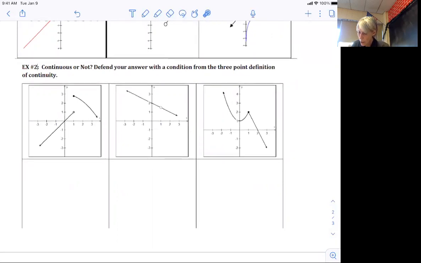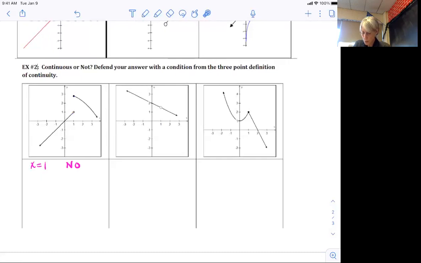So at x equals 1, is this function continuous? No. And if I look here, I have a function value, but what's the matter? I don't get a limit.